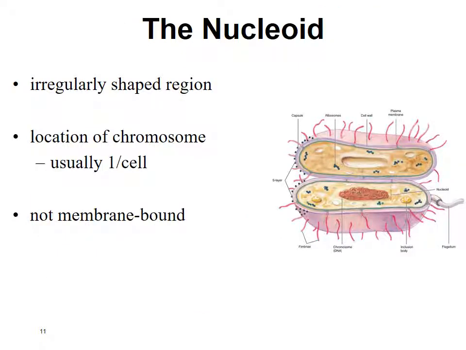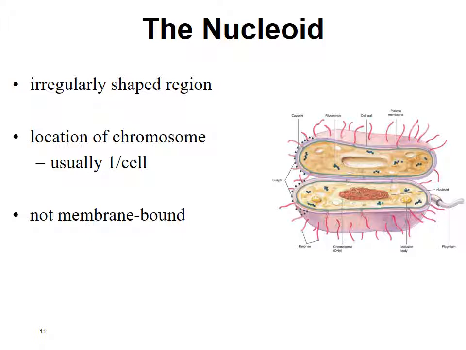The most striking difference between prokaryotic and eukaryotic cells is the way the genetic material is packaged. As you know, eukaryotic cells have 2 or more chromosomes contained within a membrane-bound nucleus.